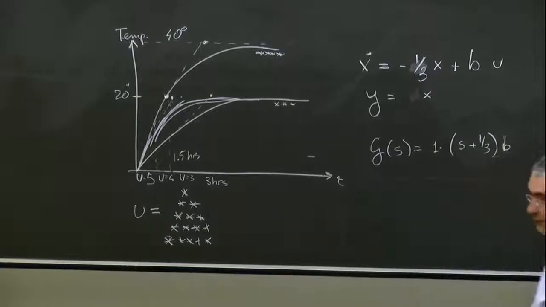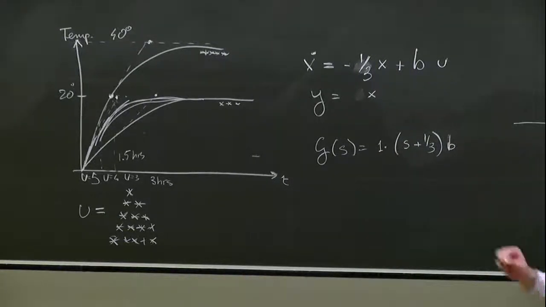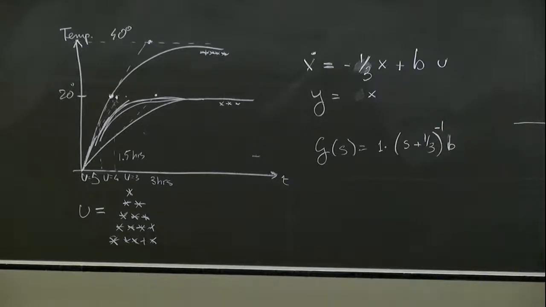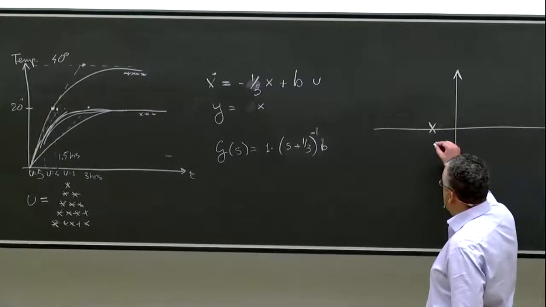For whatever value of B, okay? This is inverse, okay? So what are the poles of this system? It's negative 1/3, right?